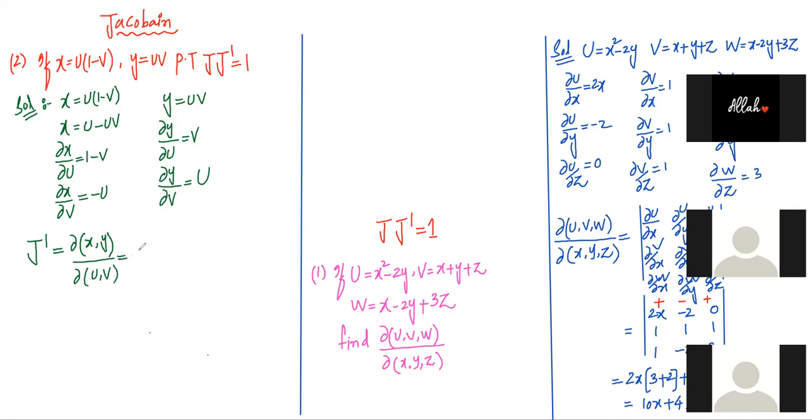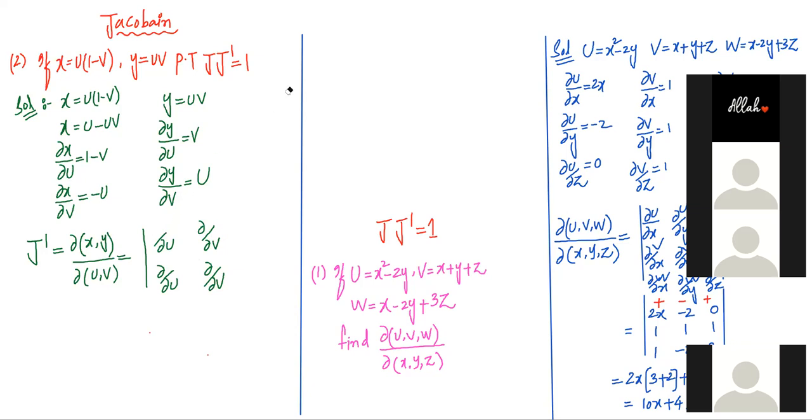So this can be defined with the help of the determinant, dou by dou u, dou by dou v. In the second row also dou by dou u, here also dou by dou v. Here it will be x, y, sorry, not u, it is x, y.